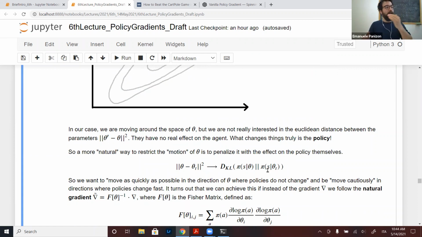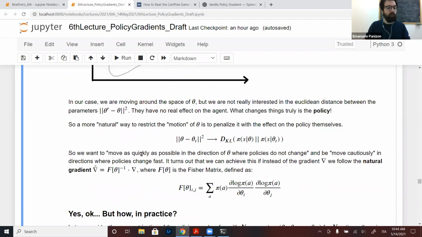I move theta, but since what I really care about is the policy and everything depends on the policy, if the policy stays relatively close, then even the gradient which I have estimated will not be wrong by too much. So I want to move in the direction in which the policy changes, and not in which the parameters change. Can you see what I mean?